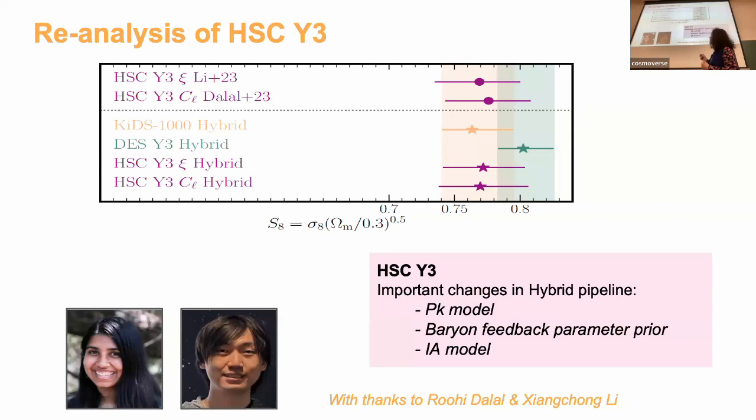Now for HSC, you can see when we do the reanalysis using our hybrid setup, nothing much happens. And this is because the choices they made canceled each other. While the choices KiDS and DES made went in the same direction. So once you move to the hybrid analysis, it shifted both of them a little bit higher.